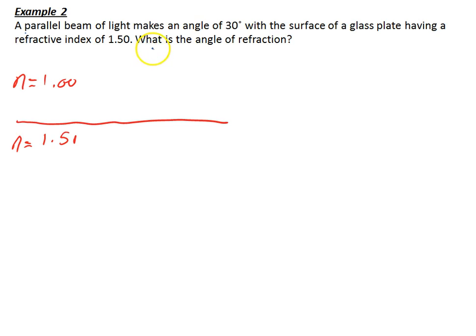So let's draw a normal to the surface. That's a line which is perpendicular to the surface. And then think about the light. We're told light makes an angle of 30 degrees with the surface, and I'm drawing a single ray of light.